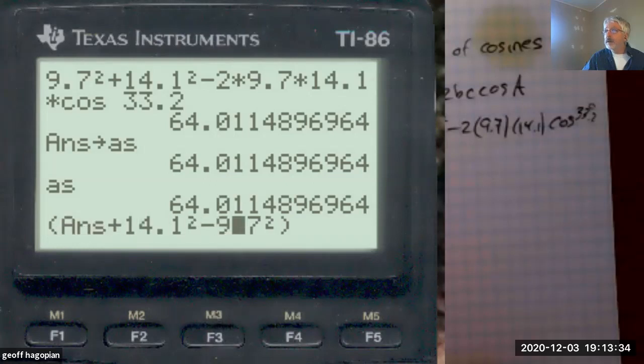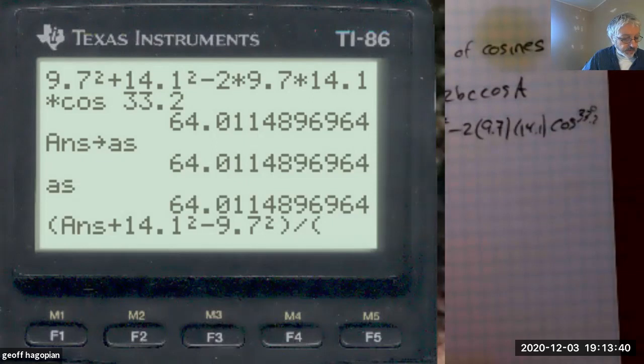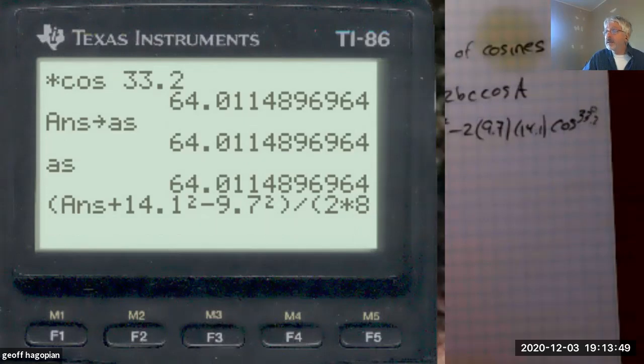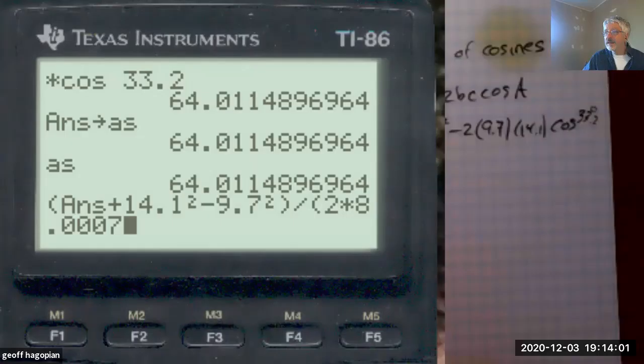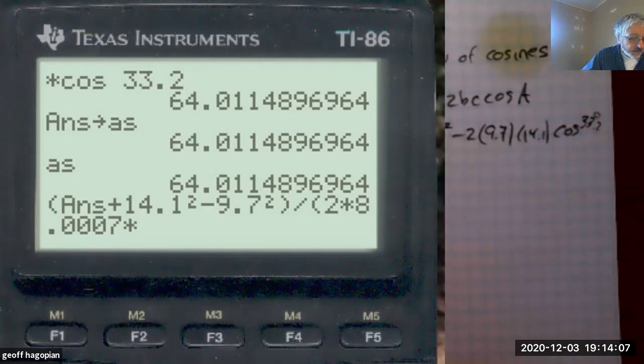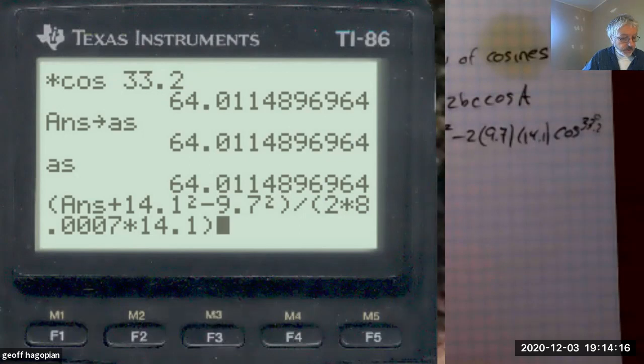Then we go back to the end and divide that by, in parentheses again because of order of operations, 2 times A. Now A was 8.0007 something. I don't think we really need that, but let's throw it in for good measure. Times C, which is 14.1. Close parenthesis. So this should be the cosine of B.